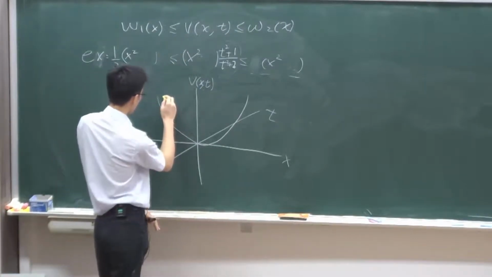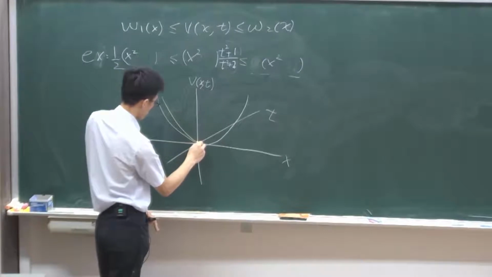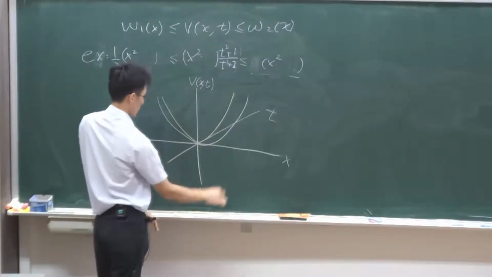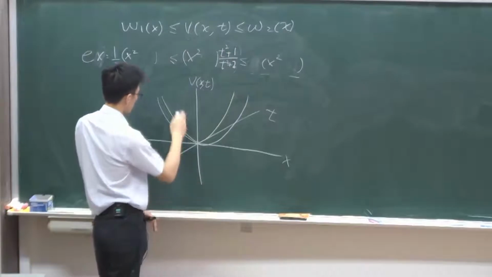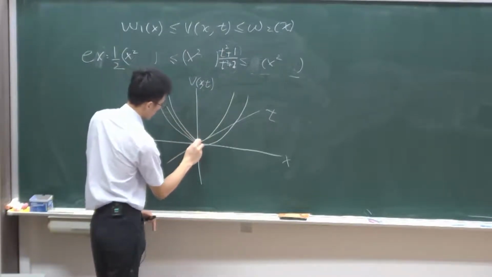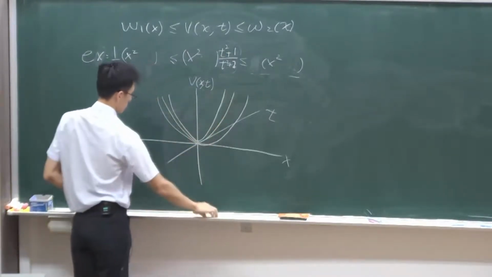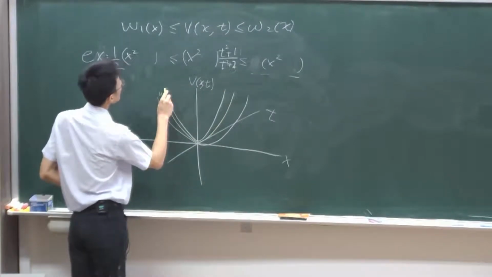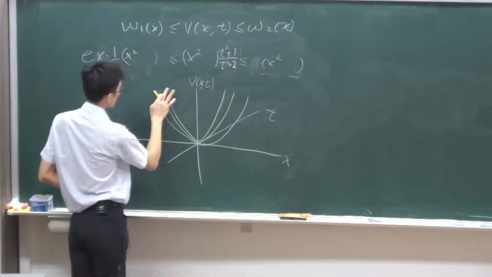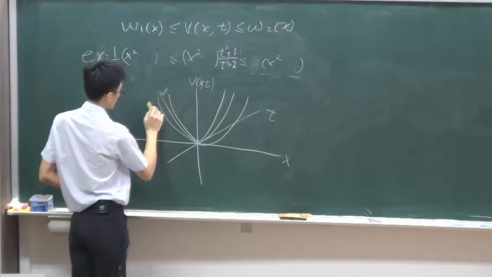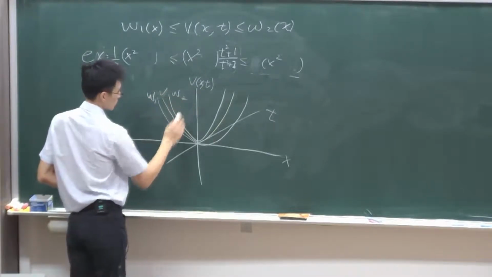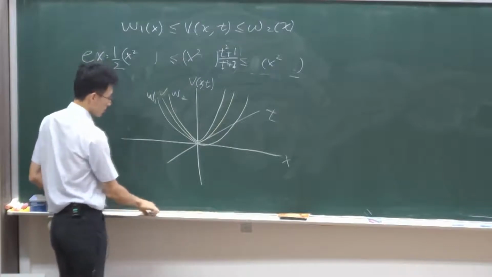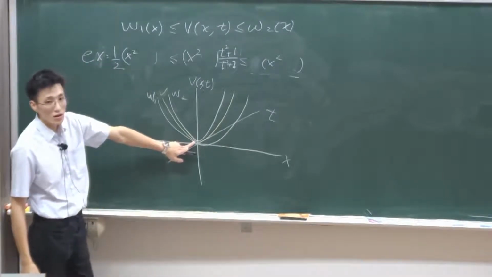So let's say V is here, and W2 is the upper bound, so it will be on top. So this is V, this is W1, W2, at t equal to 0, right?